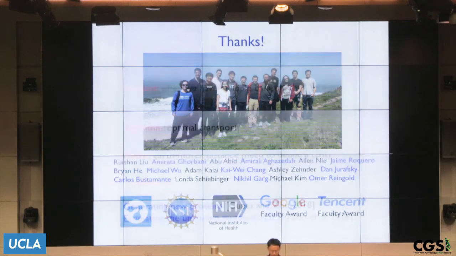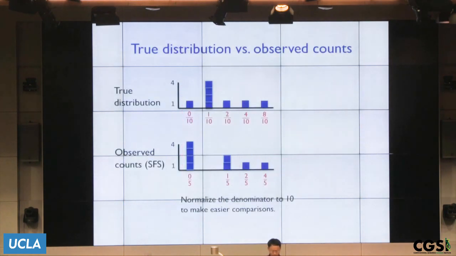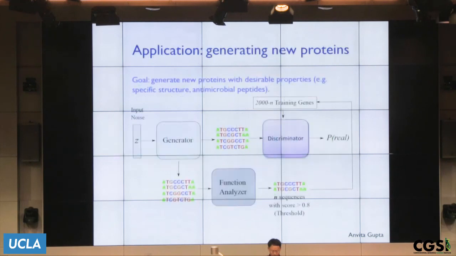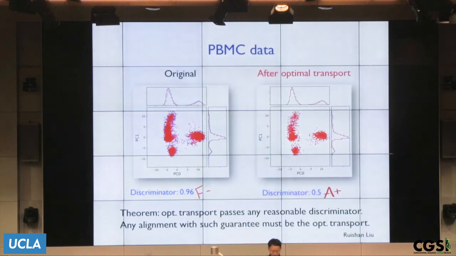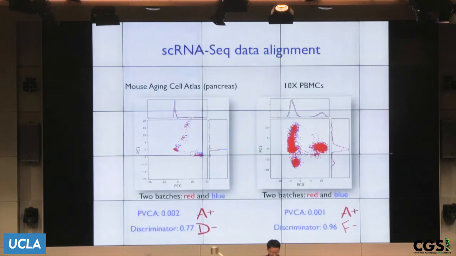Yeah, so great. That's actually one thing I did not have time to mention. It turns out the Earth mover distance is the same as the discriminator's performance.